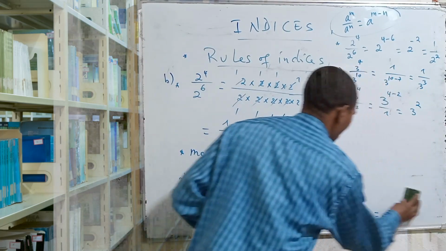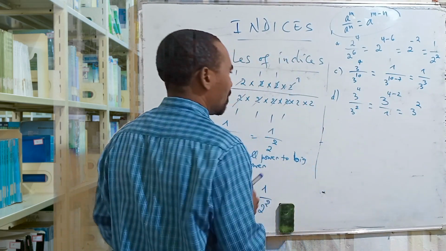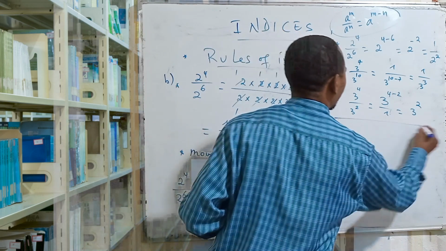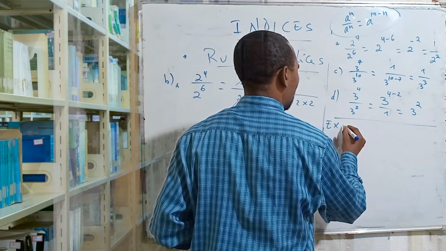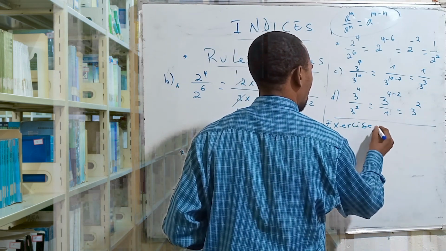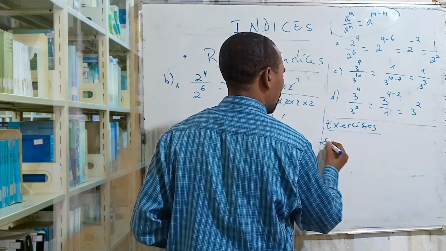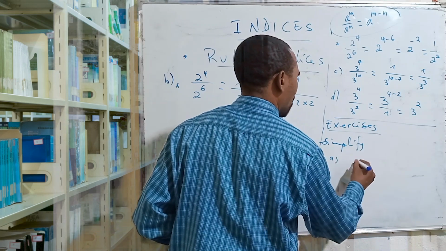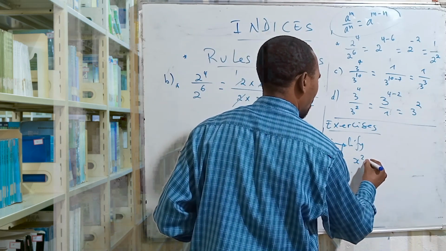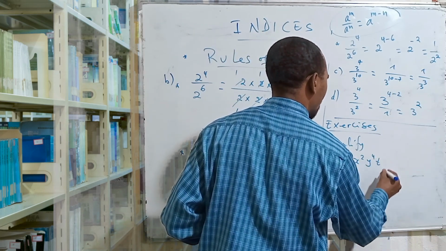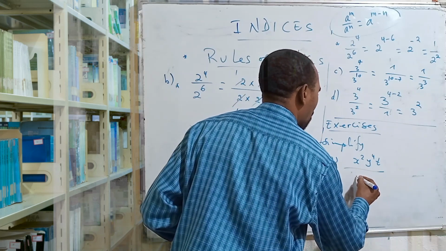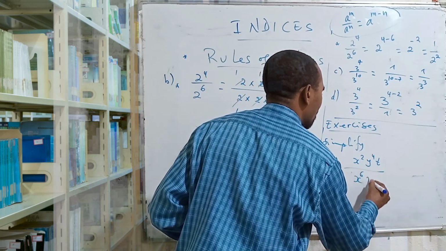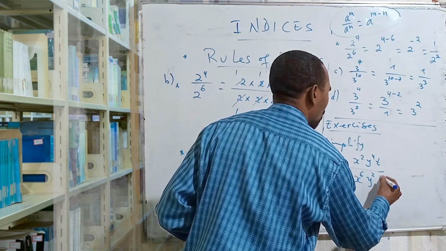Now, many students get challenged when they have variables. For example, they ask you to simplify x squared y power 4 t over x power 6 y power 2 t.